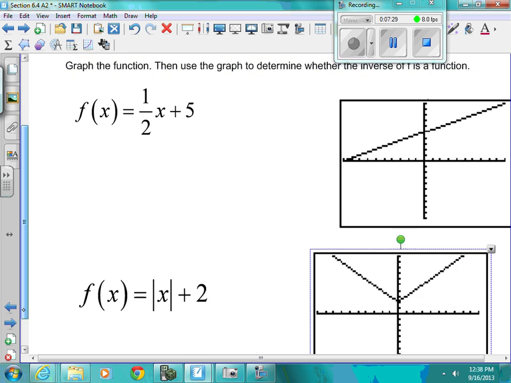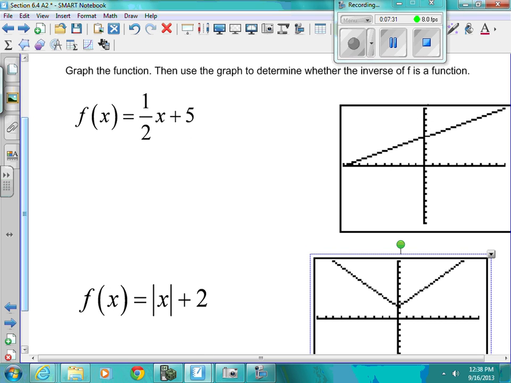So I took the liberty of already graphing these on the graphing calculator. Determine whether it's a function or not. I just put these two functions into y equals. Let's look at the first example, 1/2 x plus 5. I can move the horizontal line up, I can move it down. It only crosses the graph, which is that diagonal line, in one spot at a time.